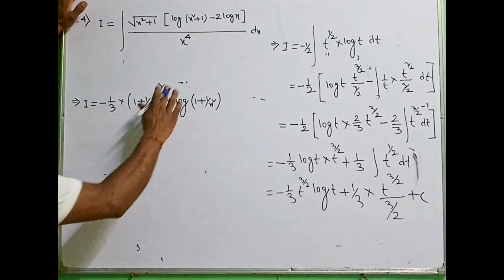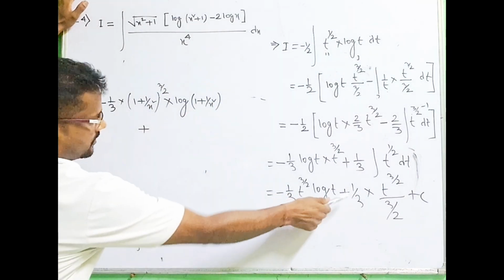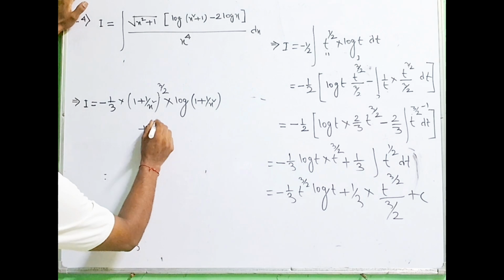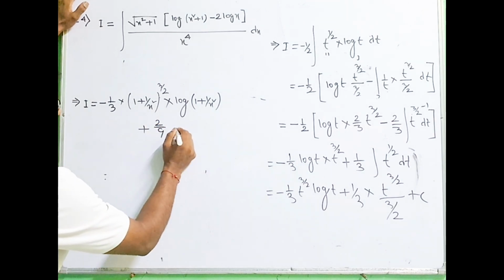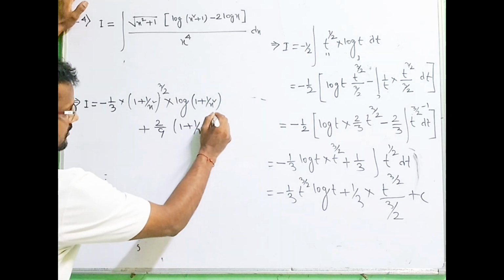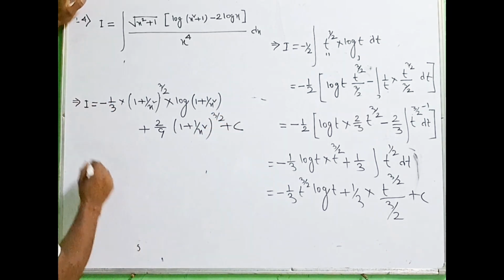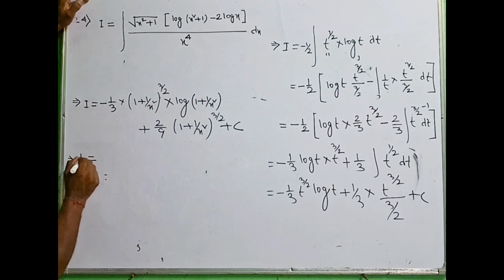We missed it earlier. So now 1 plus 1 by x square. Remember, rest of the part as it is, 1/3, that is 2 by 3, that will be your 2 by 9, and t means 1 plus 1 by x square whole to the power 3 by 2 plus c. So almost you have obtained the answer.